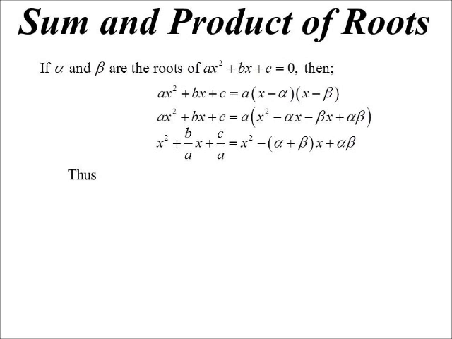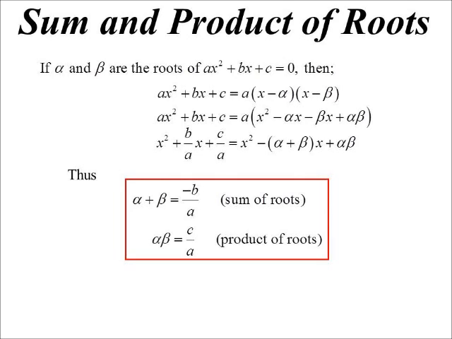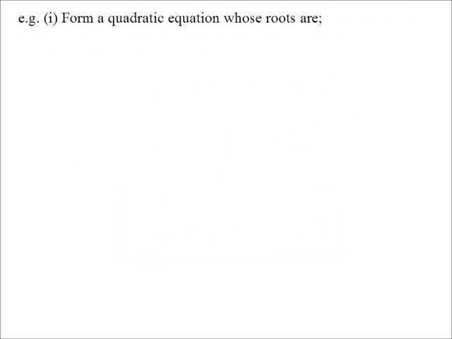We can simply say, if we look at this, then the sum of the roots, so alpha plus beta, will always be minus b on a, and the product of the roots will always be c on a.